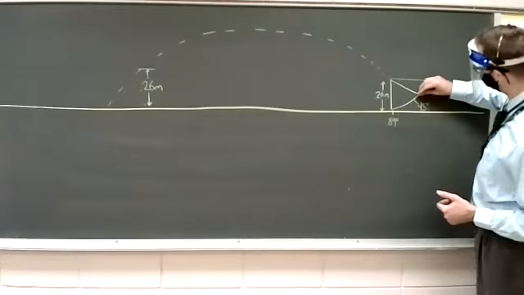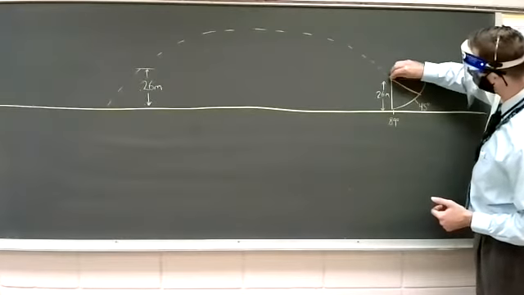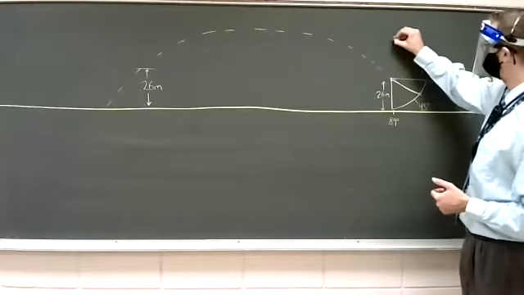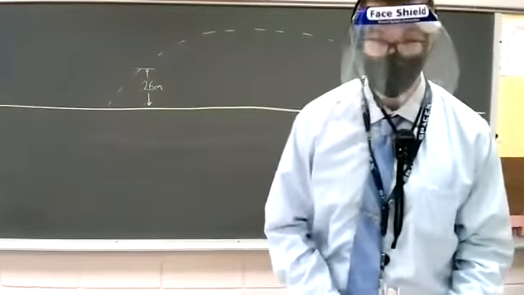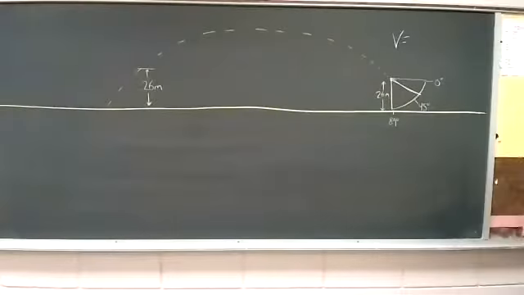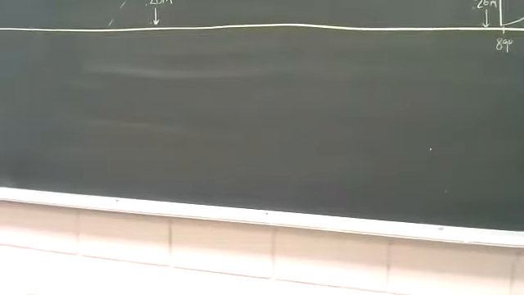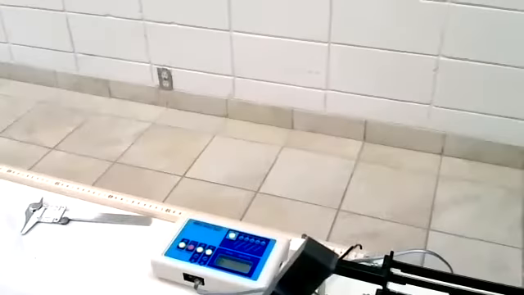We're going to launch something with an initial velocity vector. Okay, so it's going to have some speed v. We can measure that speed by sending it through the photo gate timer. The photo gate timer looks like this.